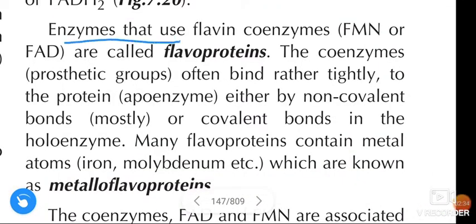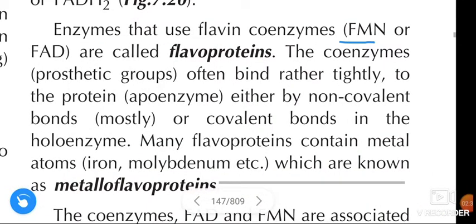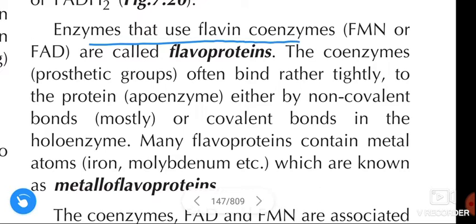The enzymes that use flavin coenzymes, FMN and FAD, are called flavoproteins. The coenzymes, that is prosthetic groups, often bind rather tightly to the protein, which we call the apoenzyme, either by non-covalent bonds mostly or covalent bonds, in the holoenzyme.